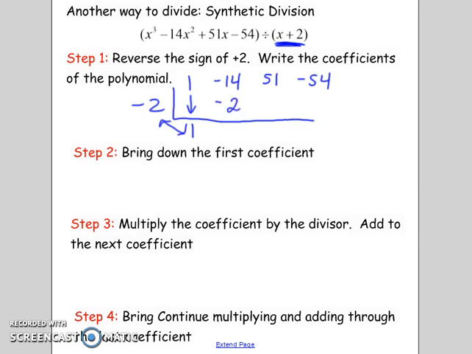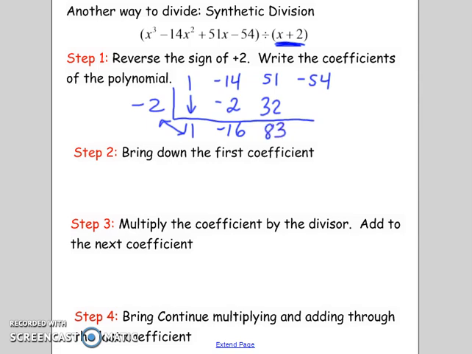I put the answer here. Now, instead of subtracting like we do with long division, we synthetically add. Negative 14 plus negative 2 gives me a negative 16. Then I repeat the step. Negative 16 times negative 2 on the outside gives me a positive 32. My answers go on the inside. I add 51 and 32, and I get 83.